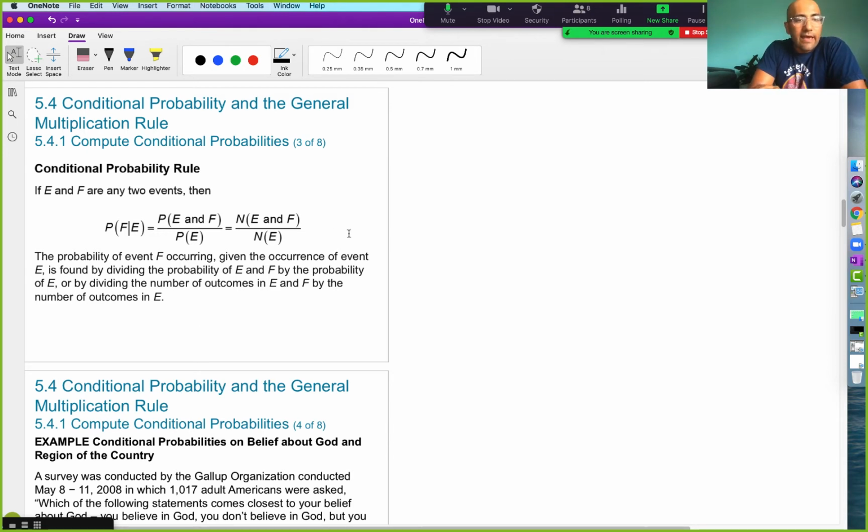So if E and F are any two events, then the probability of F given E is equal to the probability of E and F divided by the probability of E, which is equivalent to the number of ways of getting E and F divided by the number of outcomes in event E. The probability of event F occurring, given the occurrence of event E, is found by dividing the probability of E and F by the probability of E, or by dividing the number of outcomes in E and F by the number of outcomes in E.